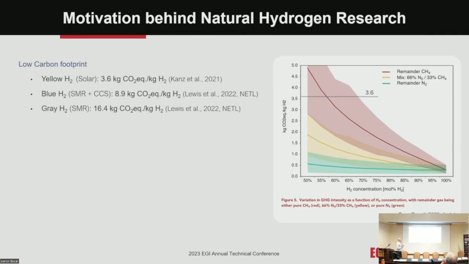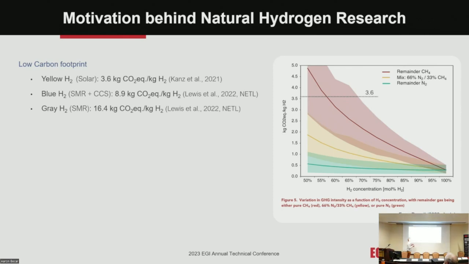Even with clean hydrogen produced with low emission methods, yellow is the one produced using solar, and blue is the one using natural gas plus CCS. Gray is just the one produced using natural gas, so that carbon emission is still high. And this is a life cycle analysis of hydrogen production, and this includes the separation of hydrogen from associated gas.